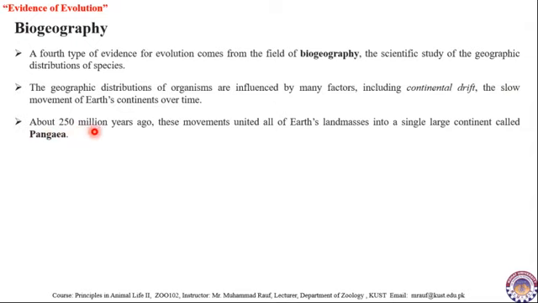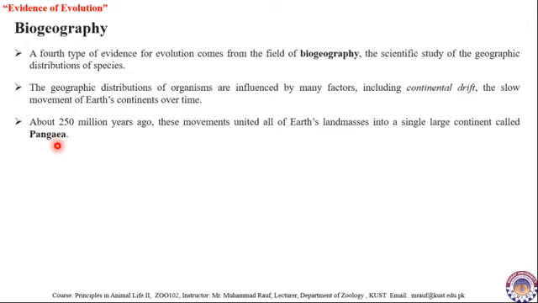About 250 million years ago, the movements united all of Earth's land masses into a single large continent called Pangaea, just like icebergs float on the surface of water.